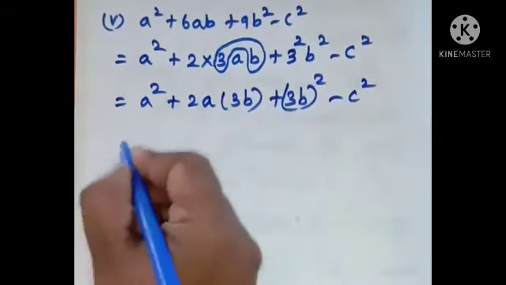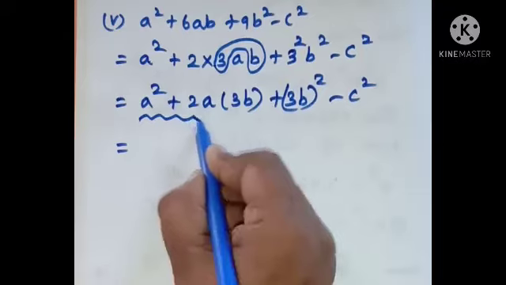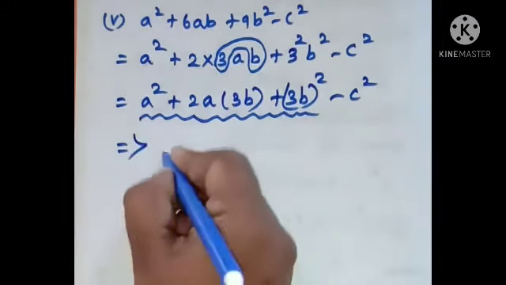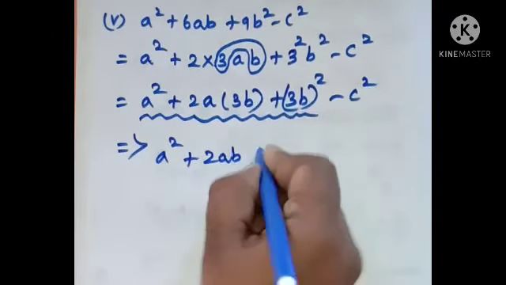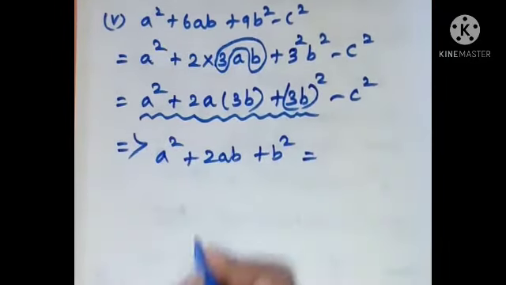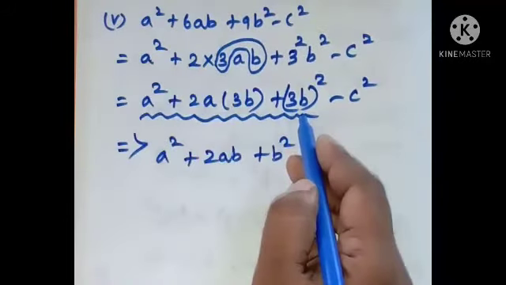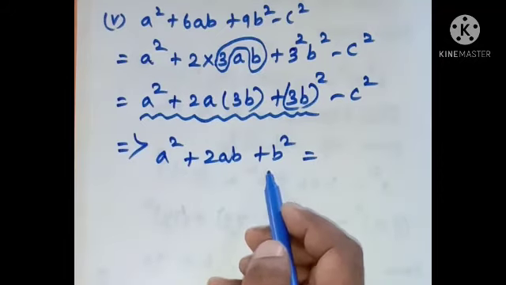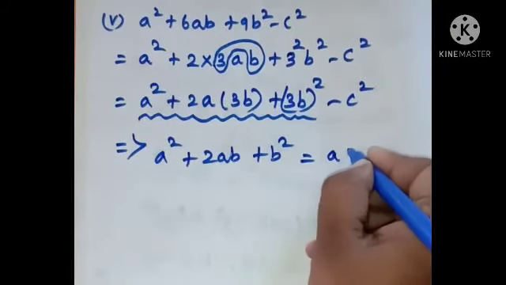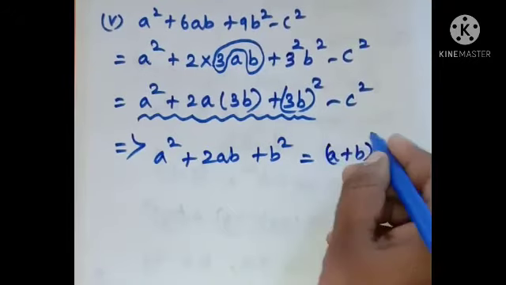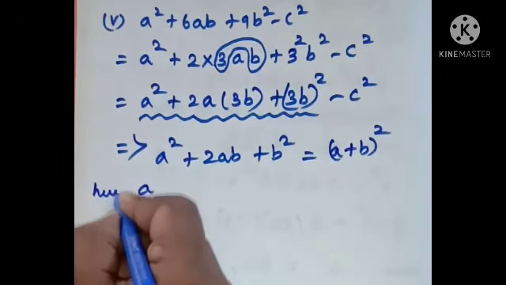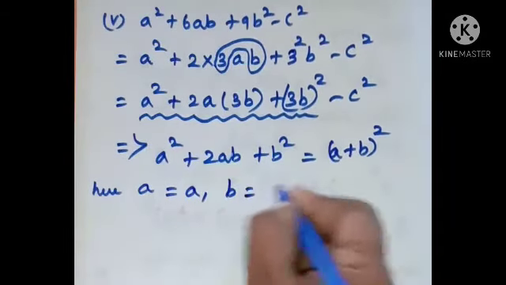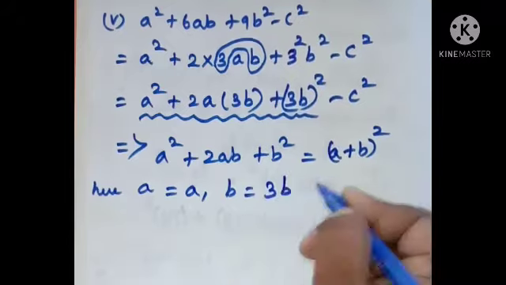minus c square. Now see the first three terms, it is of the form a square plus 2ab plus b square. Isn't it? Here the first three terms is of the form of the identity a square plus 2ab plus b square, and here we know that which is equals to a plus b the whole square. Here in place of a, here is a only present, and b in place of b, here 3b is there.